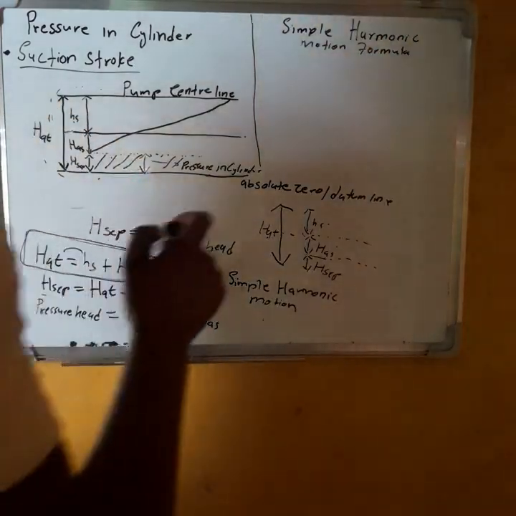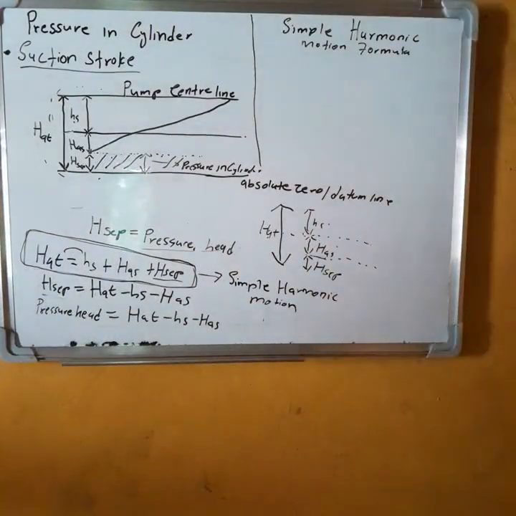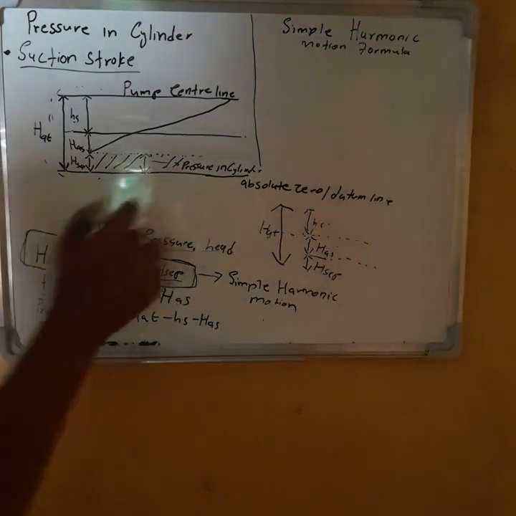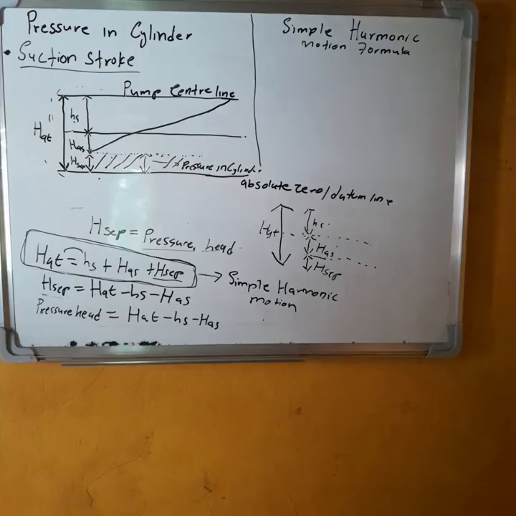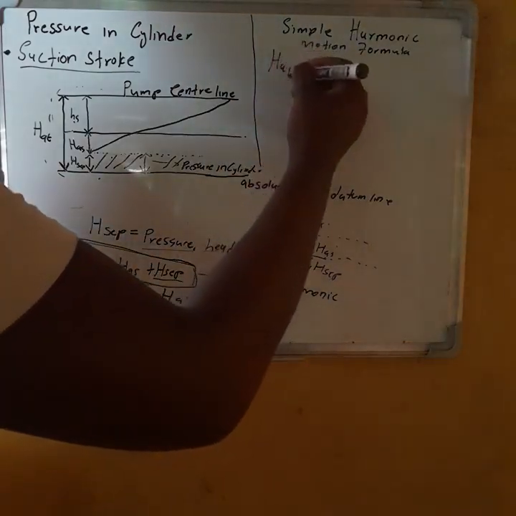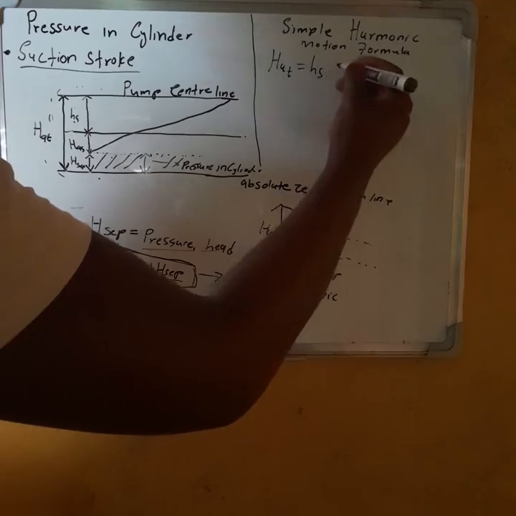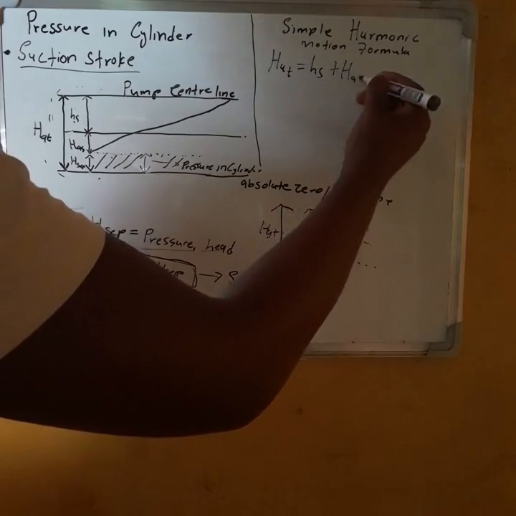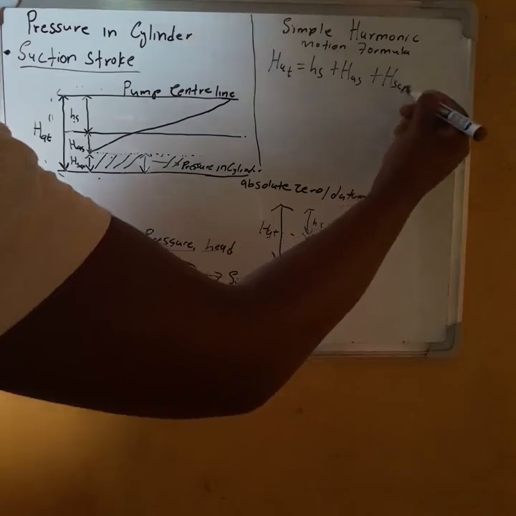The simple harmonic motion formula is this formula here. You must know that formula. Remember, HS can change, but you must know it. HAT equals HS plus H separation.